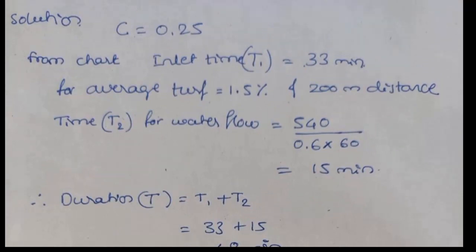Capital C is equal to 0.25, and from the given chart I am calculating the inlet time, small t1 or capital T1, based on the average turf 1.5% and the distance 200 meter. So we'll go to the chart and see how we can calculate T1.